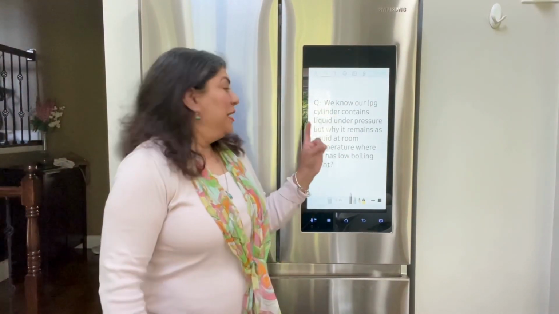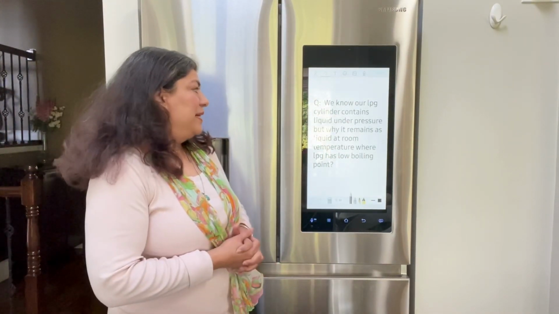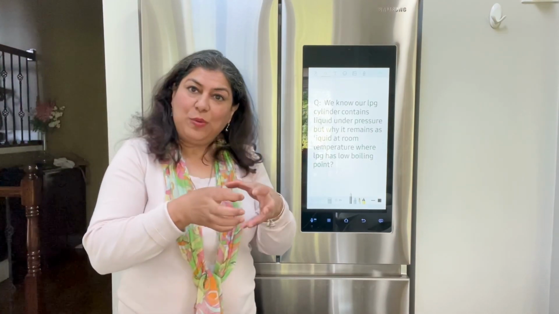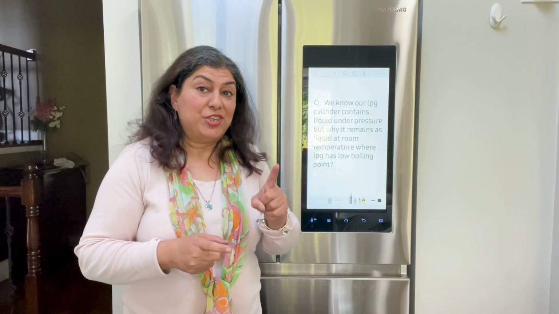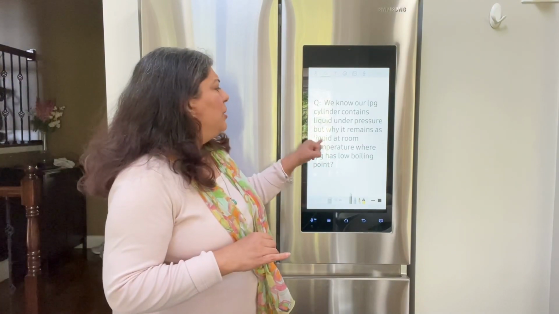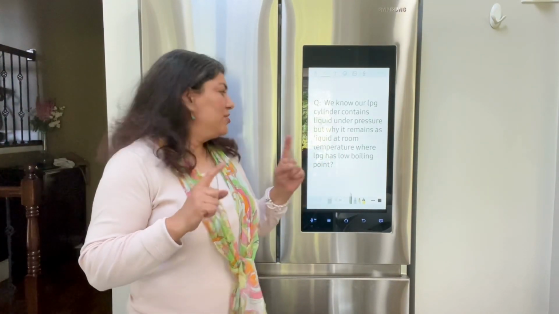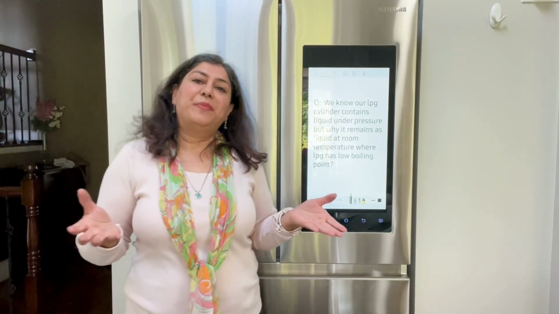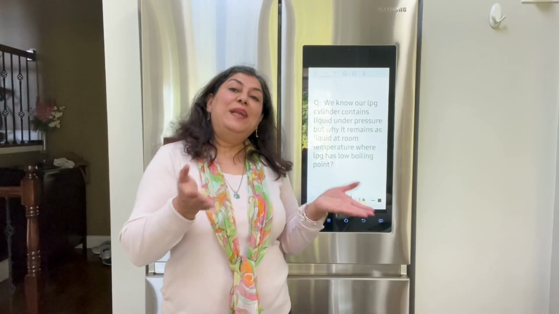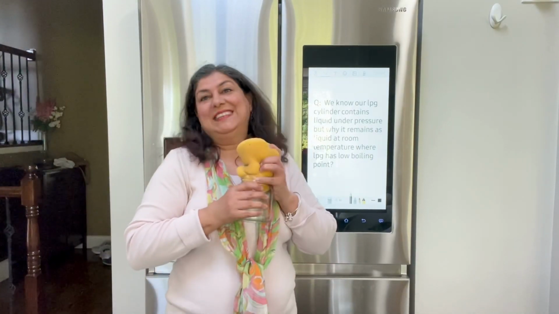We know that our LPG cylinder contains liquid under pressure. It is liquid, but it is a liquid under pressure. It's not a true liquid. But why does it remain as a liquid at room temperature? Because even at room temperature, it is going to act as a liquid as long as it is trapped inside the cylinder.